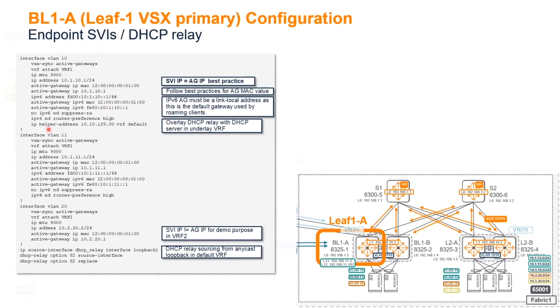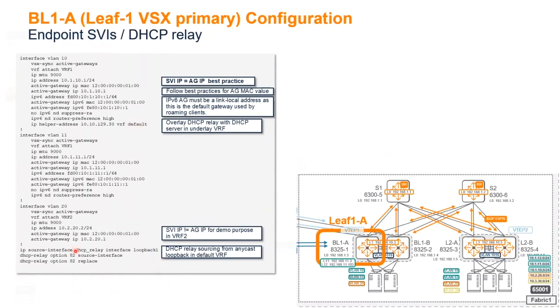And for DHCP, we're going to talk about that here. The relay is configured. This time we see it with the DHCP server hosted in the default VRF. So typically this is used for migration where you have a DHCP server on the default VRF and you migrate some VMs in a newly created tenant VRF. This is very useful to have.